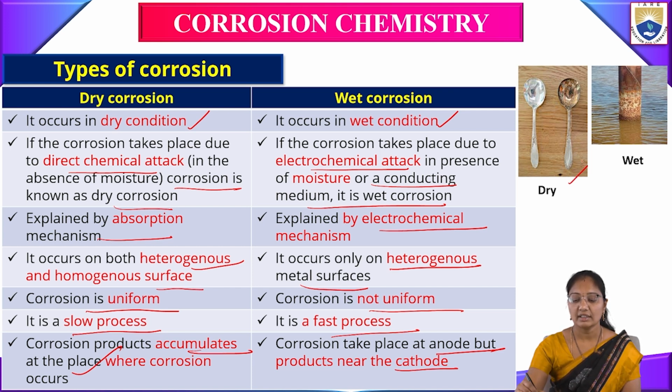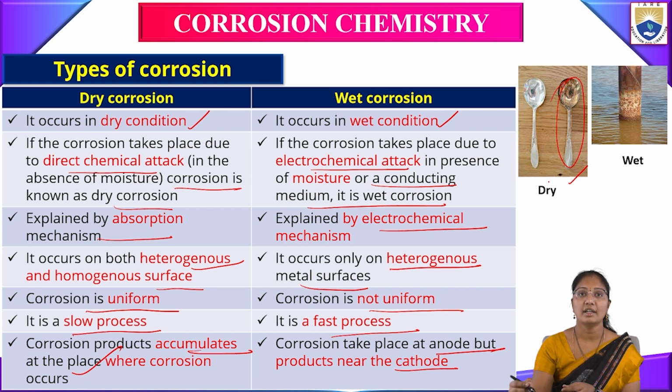If we see here, there is no medium or humidity. So this is dry corrosion, and you can see the corrosion is uniform all over the surface. It occurs on both heterogeneous and homogeneous surfaces.